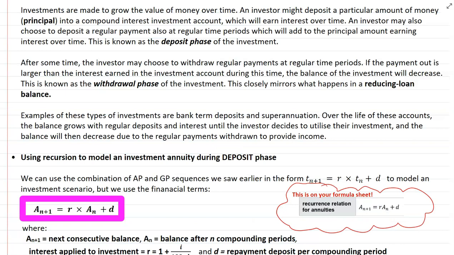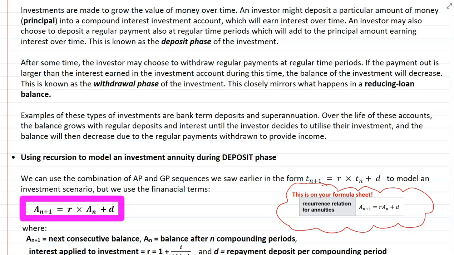When we looked at loan annuities, there was only one type of scenario where you're slowly paying a loan off over time. With investment annuities, the idea behind investment is to grow a sum of money over time, where someone might be depositing an amount of money into an account, which would be a compound interest account.